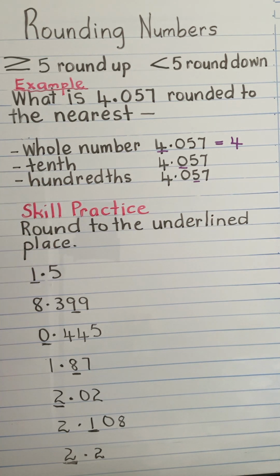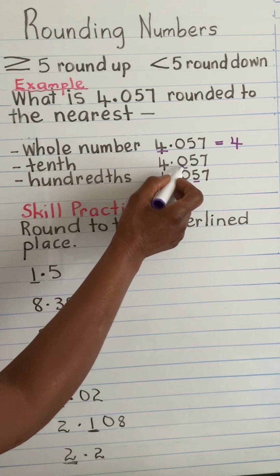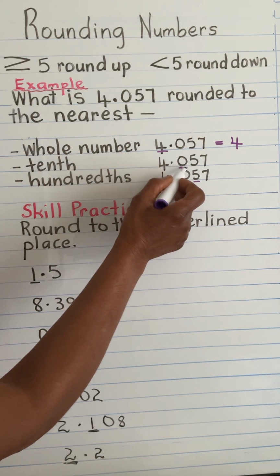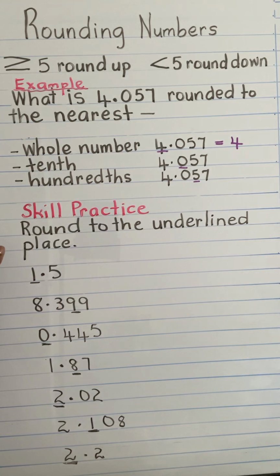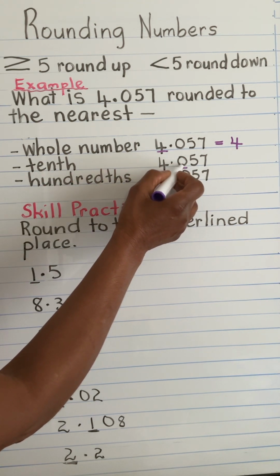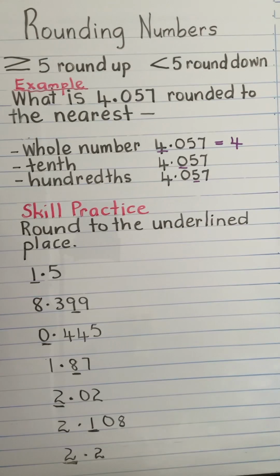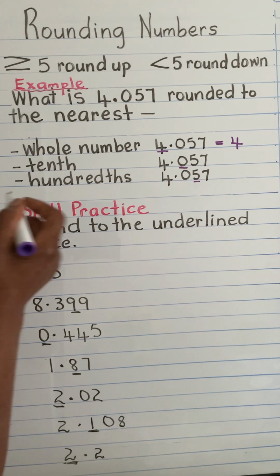Next, round 4.057 to the nearest tenth, which is the 0, the first place after the decimal point. So we look to the right of the rounding number and we see 5. 5 is 5, so that means we're going to round up.